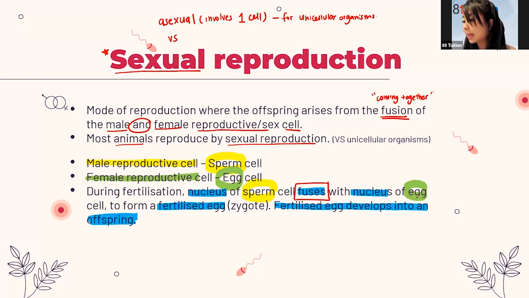Inside the egg, there's also a nucleus, right? So fertilization is when these two nuclei come together, okay? And develops into a fertilized egg. Can? I will show the picture later. Do you understand, Darius? For now?